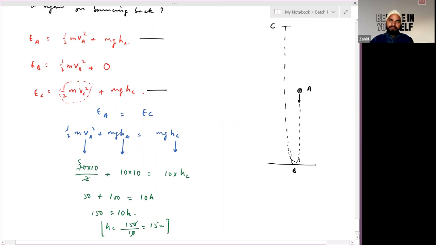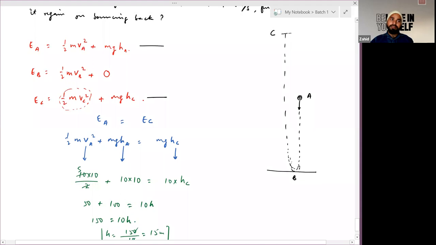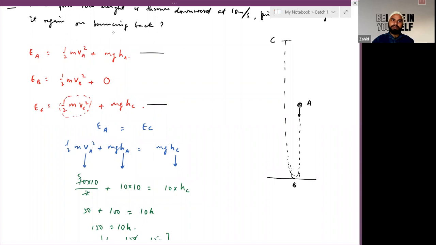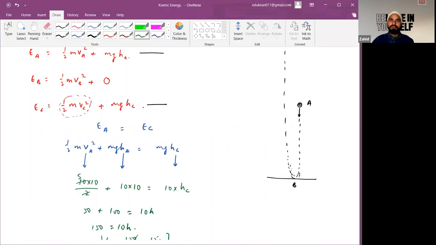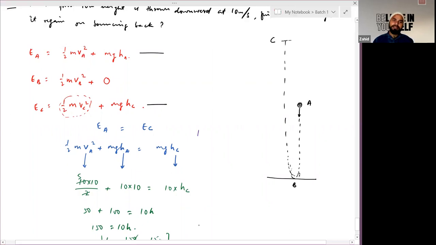Similarly, if you compare first and second equation, or second and third equation, you will be able to calculate velocity at point C, or the velocity with which it will hit the ground.